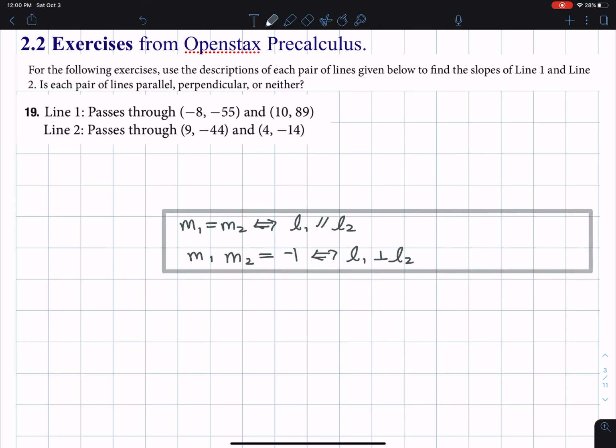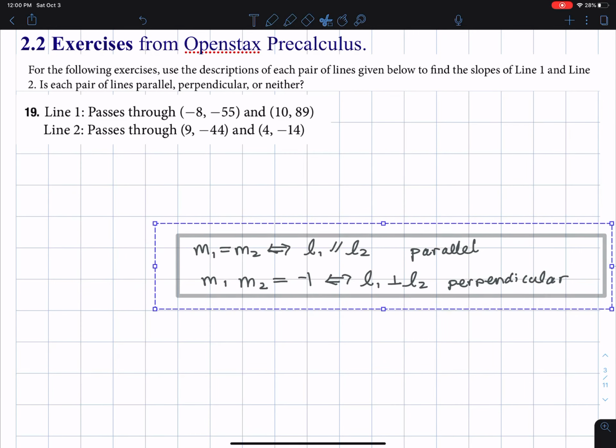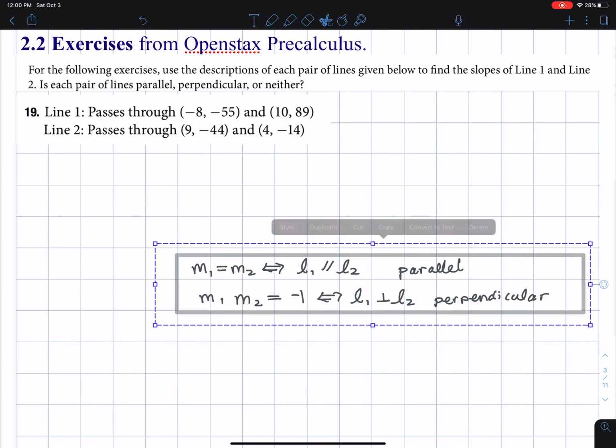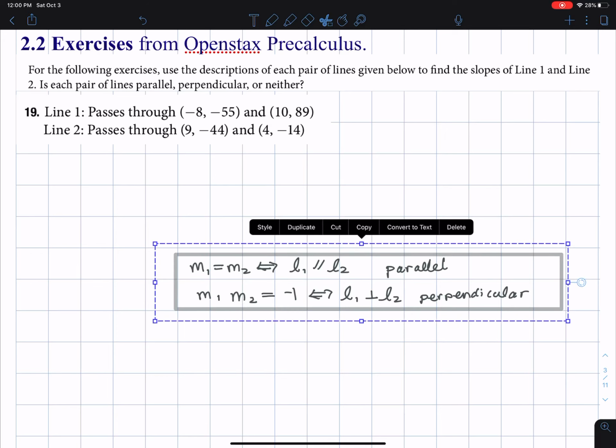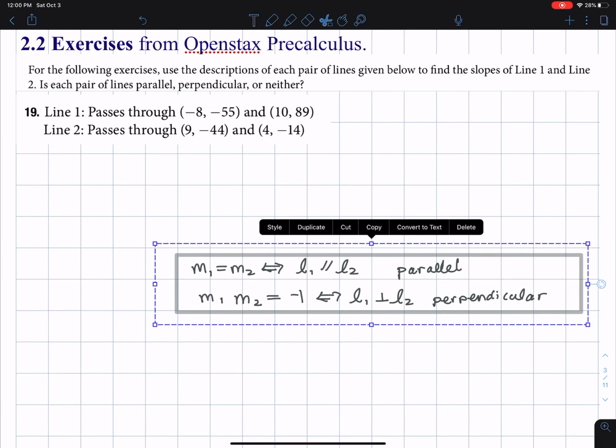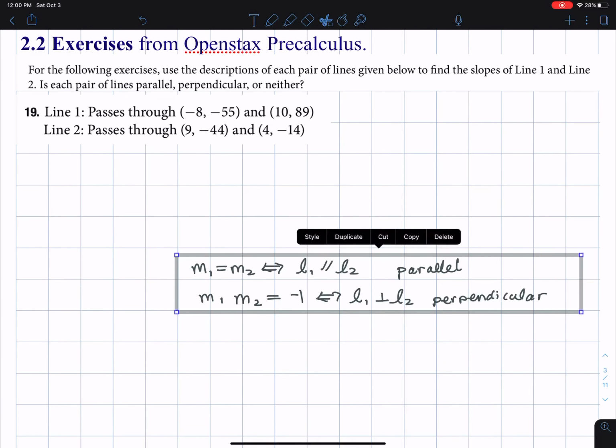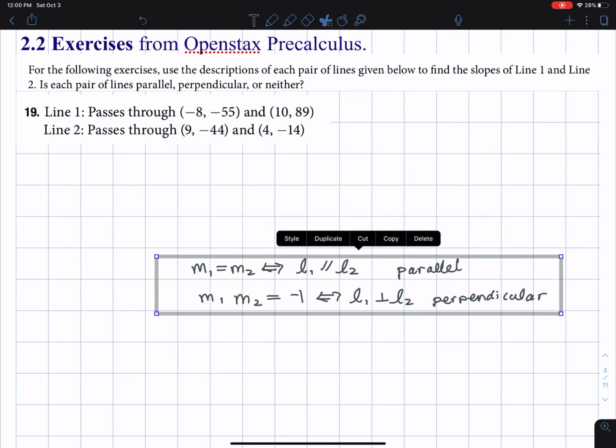I'll write parallel. Perpendicular. Oh, that's too much. Okay, anyway.